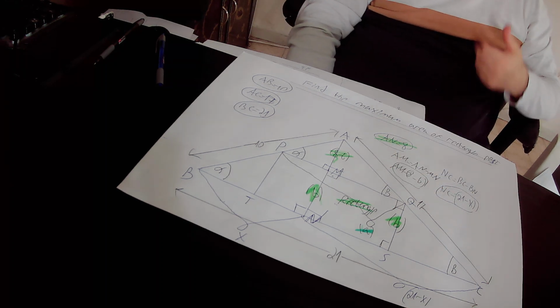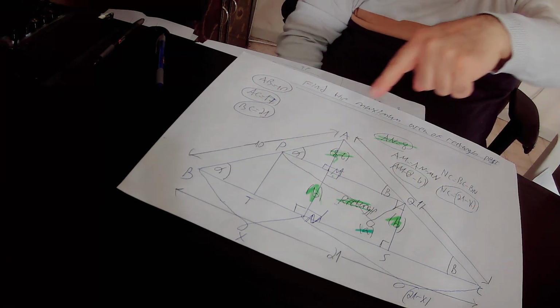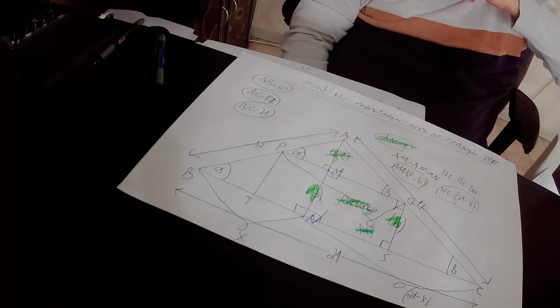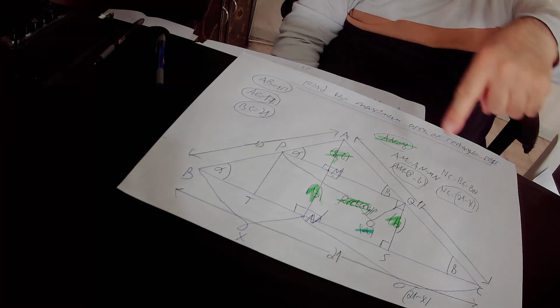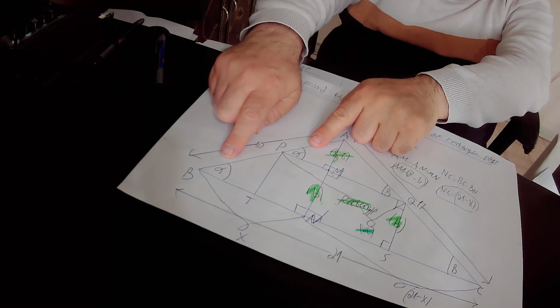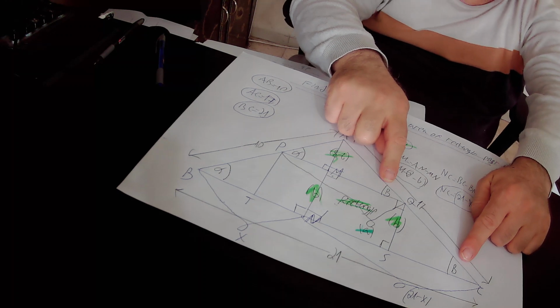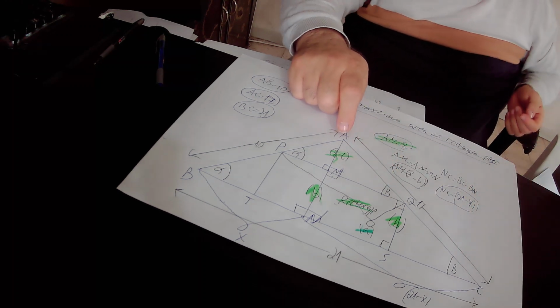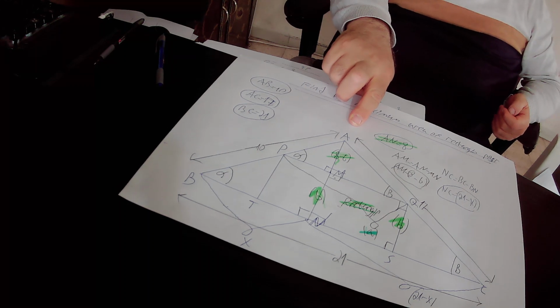In the next step, we prove that the big triangle ABC is similar to this small triangle APQ. Why is triangle ABC similar to triangle APQ? First of all, those two angles are both equal to alpha. In addition, those two angles are both equal to beta. And finally, this is angle A, a common angle that belongs to both triangles.